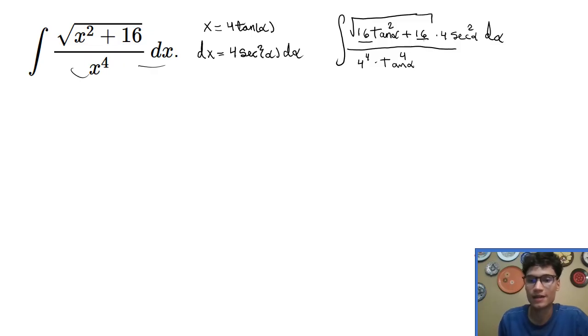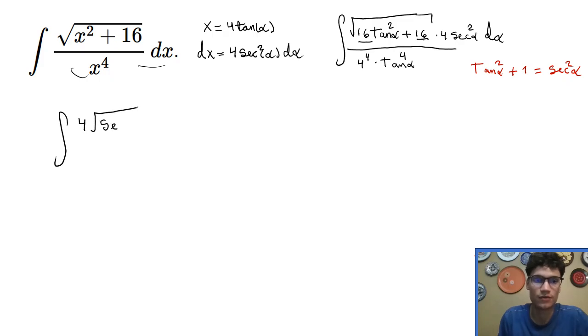And we use the identity tangent squared plus 1 is equal to secant squared of alpha. So let's do that. We get the integral of 4 times the square root of secant squared.